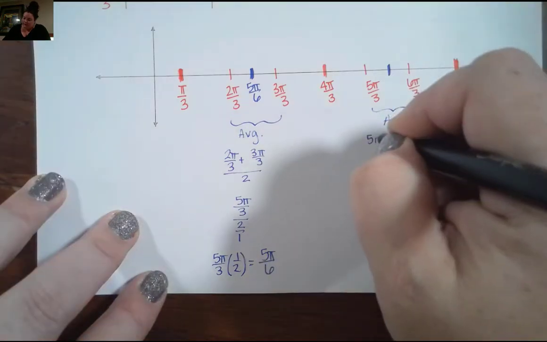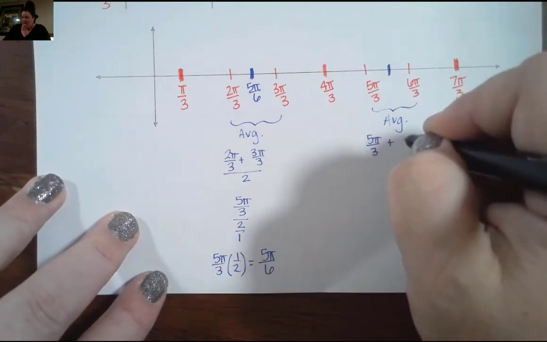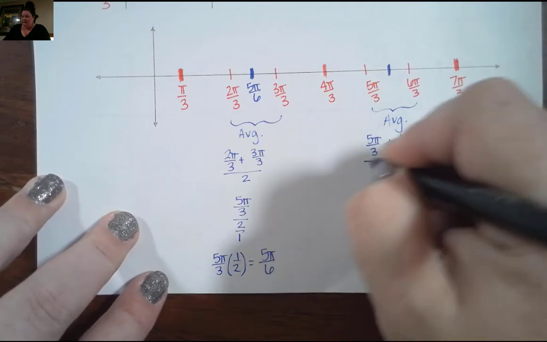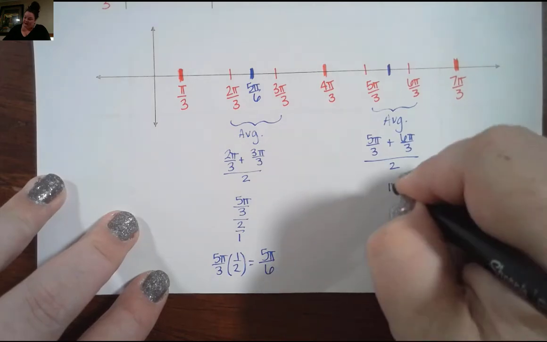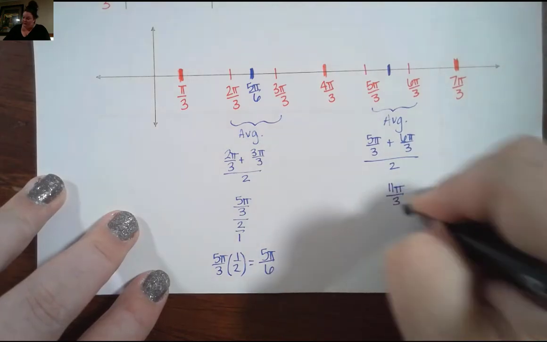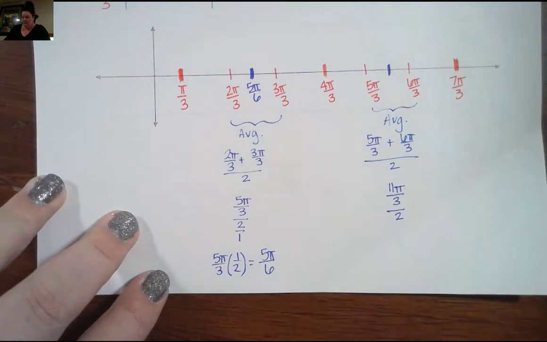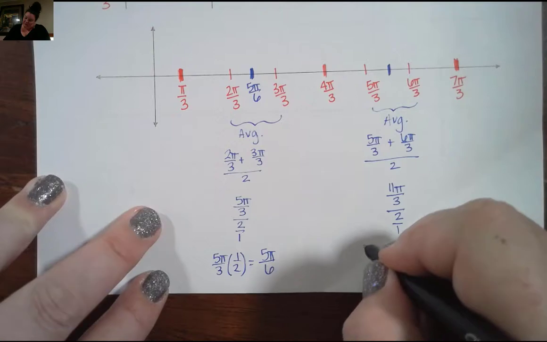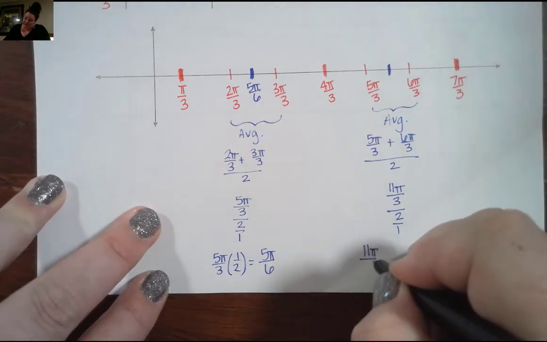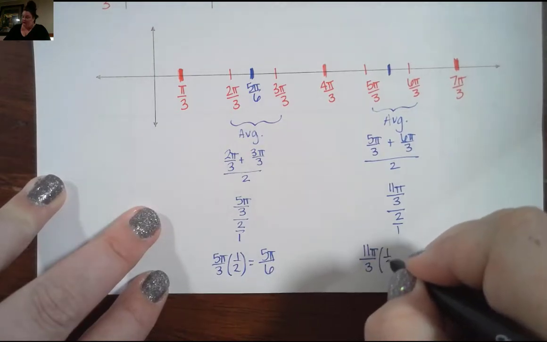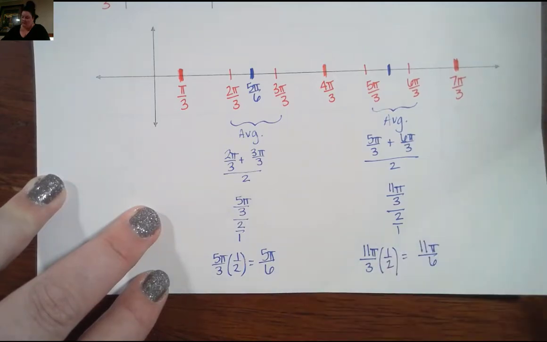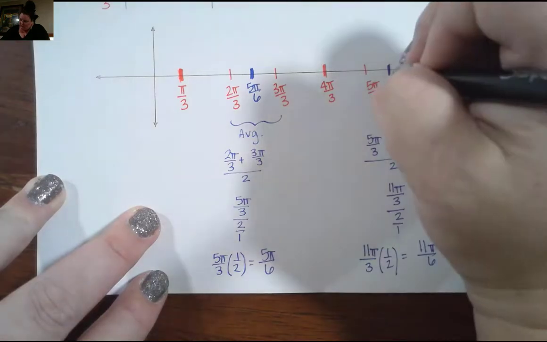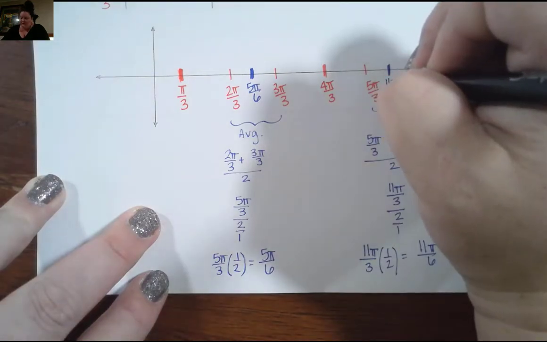So 5 pi over 3 plus 6 pi over 3, and then I'm going to divide it by 2. So 5 pi and 6 pi gives me 11 pi over 3, and then I'm dividing that by 2, which again can be written as 2 over 1. And then I'm going to flip and multiply. So 11 pi over 3 times 1/2 gives me 11 pi over 6. So this point right here is 11 pi over 6.